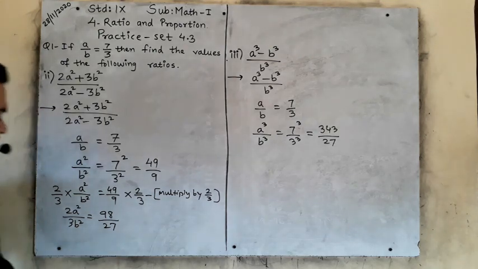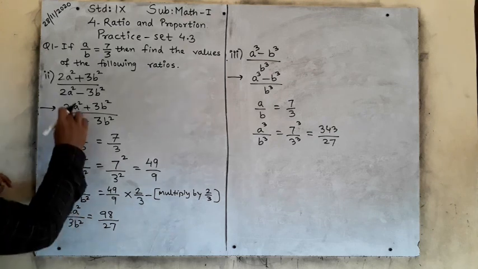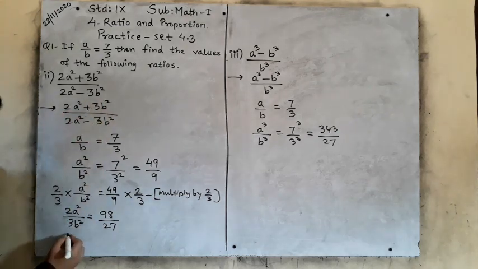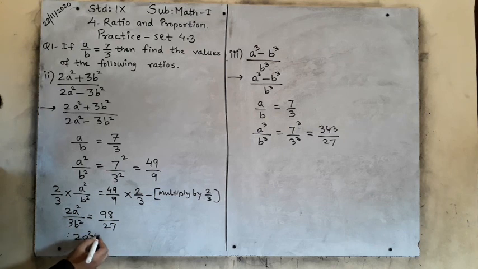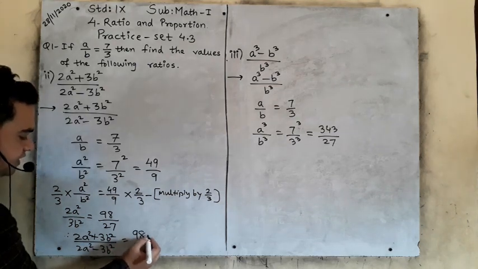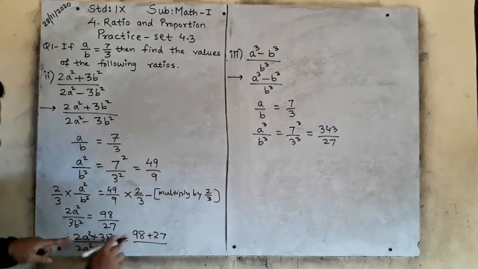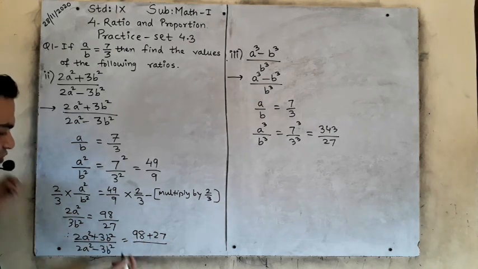Now you will divide it. Okay, first you will do the addition. See here, it is given 2A square plus 3B square upon 2A square minus 3B square is equal to 98 plus 27 upon 98 minus 27. 2A square value 98 plus 3B square value is 27.